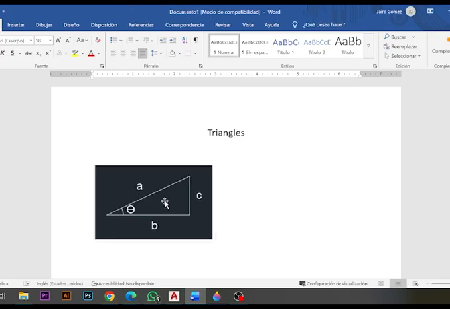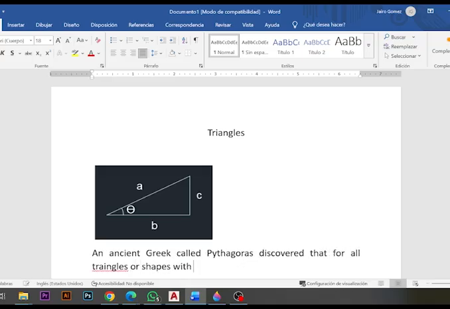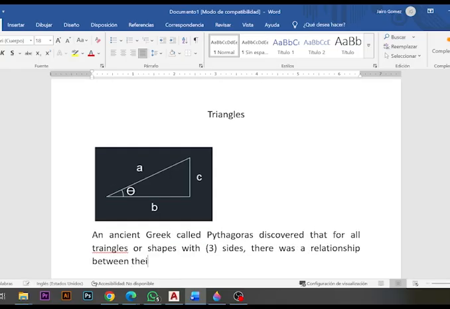You have, in this case, side A, side B, and side C. The ancient Greek called Pythagoras discovered that for all triangles, or shapes with three sides, there was a relationship between their sides that could be expressed with the following equation.